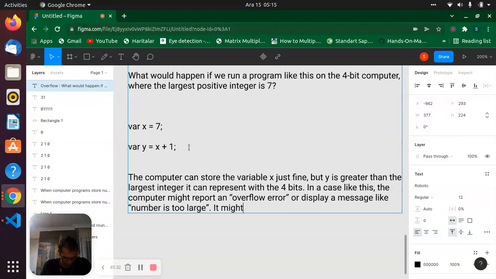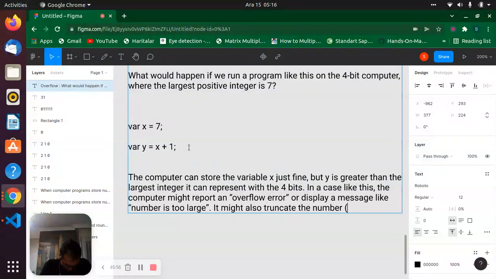Okay, it may also truncate the number, capping all results to 7.